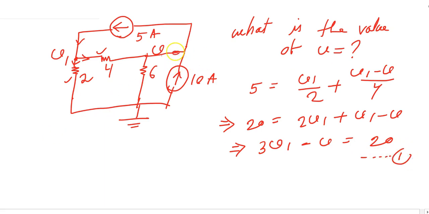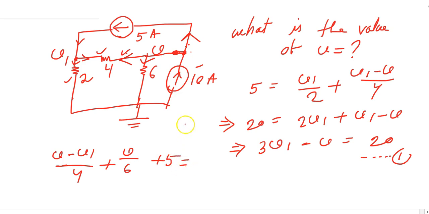Now for this node, one current is going here, another current going here, another current going here. Only one inward current, I have marked the 3 outward currents. So outward current will be V minus V1 upon 4, this current, plus V upon 6 plus 5 is equal to inward current to the node, 10.